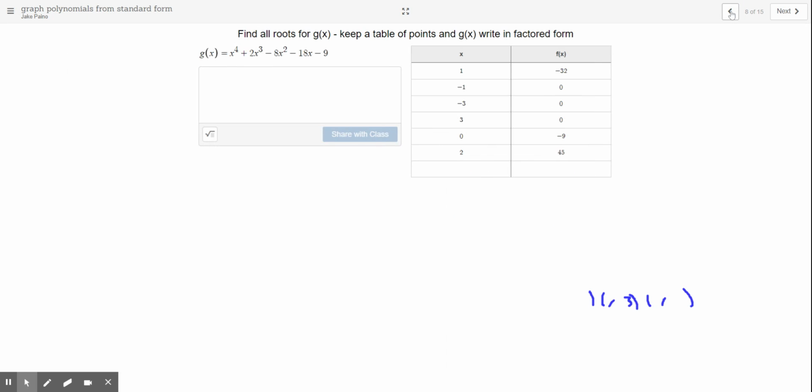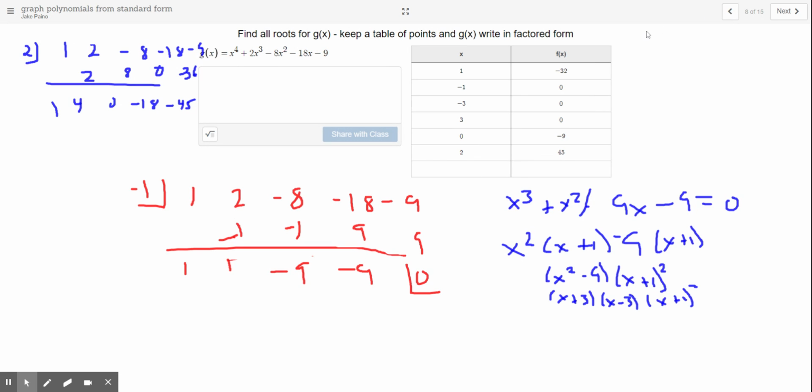So yeah, I should have plugged in -2, not +2. Let me go back and do that. My bad, what's in between -1 and -3? I should have plugged in -2. Let me do that real fast.